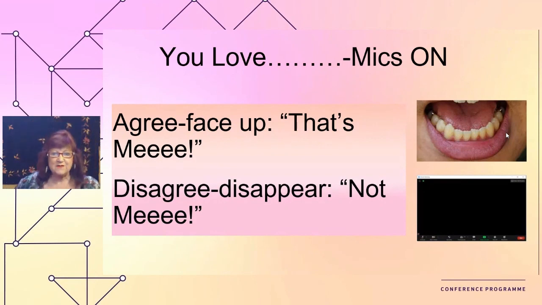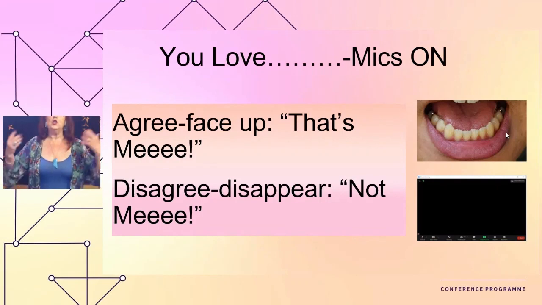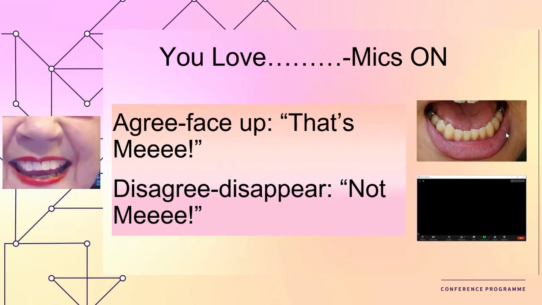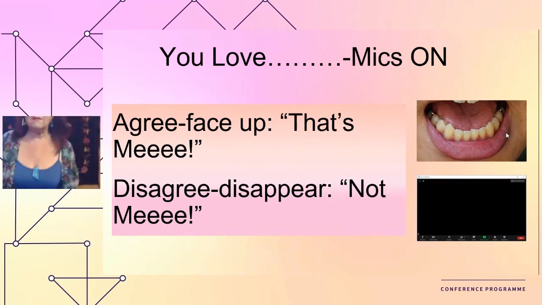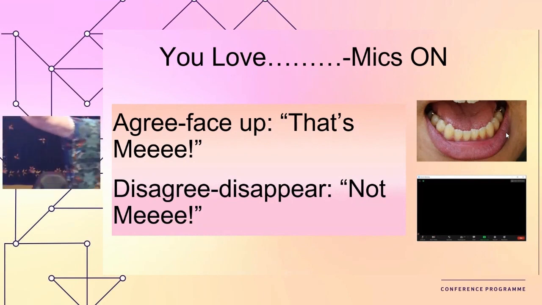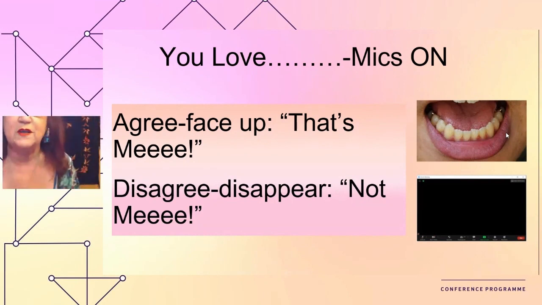So I might say, for example, I hope you can all see me and hear me. I might say, for example, "You love cats." So if you love cats, you go, "That's me." And if you don't love cats, you go, "Not me." So you disappear completely from your camera.